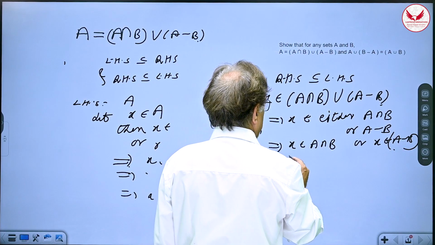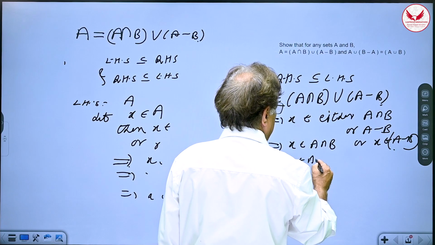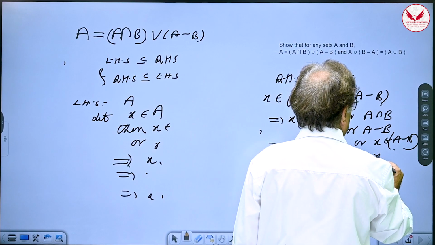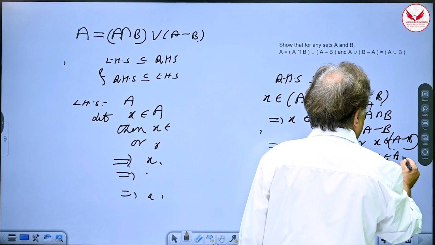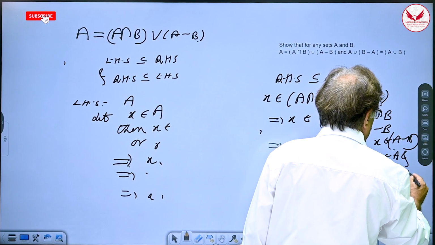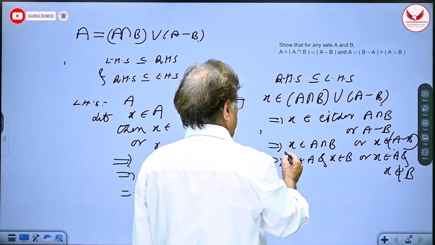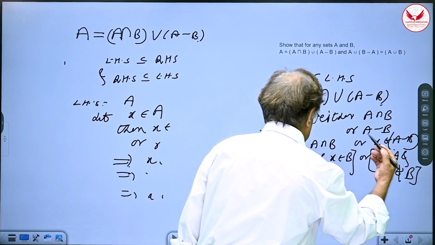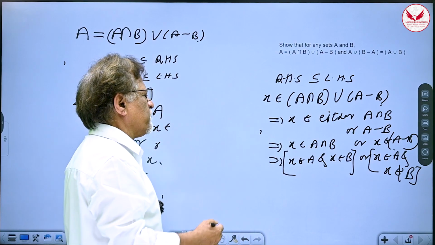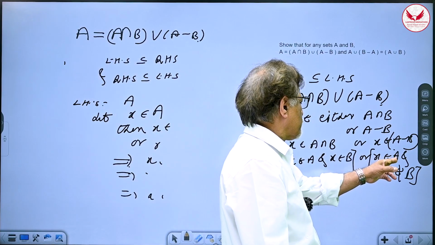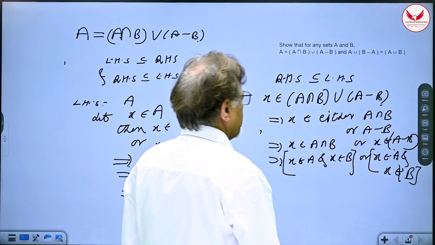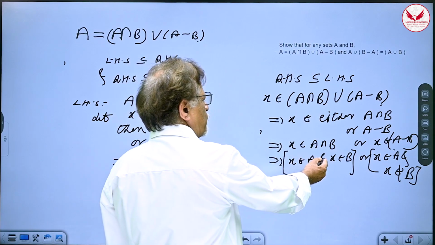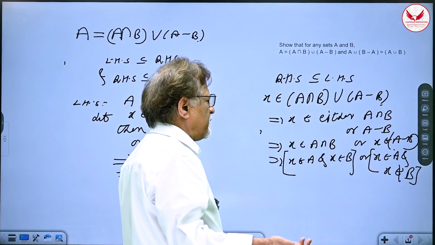So the first statement means X belongs to A and X belongs to B, or X belongs to A and X does not belong to B, right? So these are the two statements, and I can group them like this. Now combine these two statements. If X belongs to B or X does not belong to B, it doesn't make any sense, right?